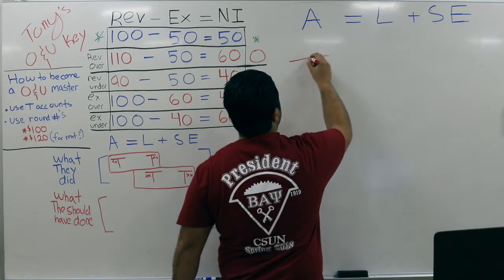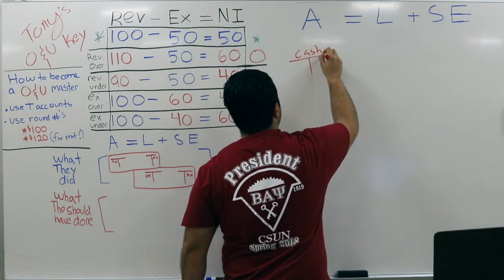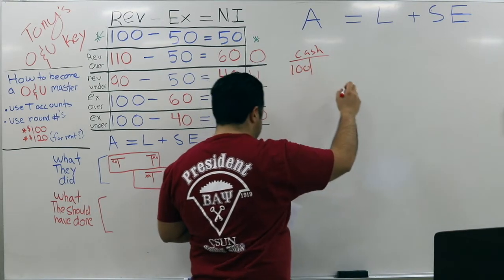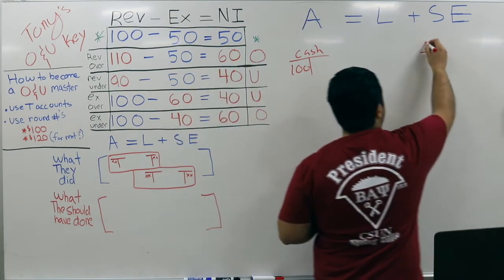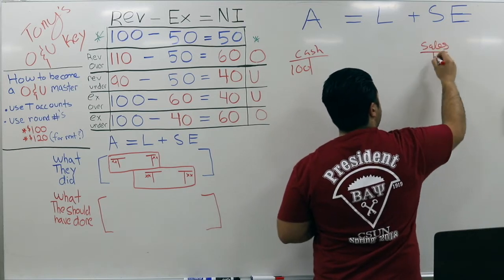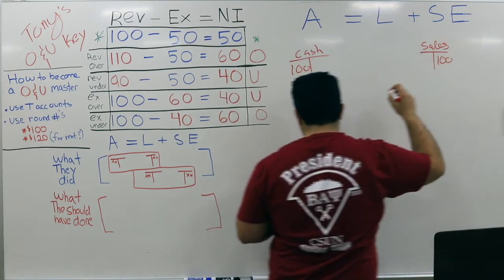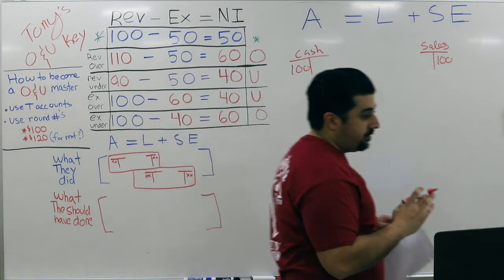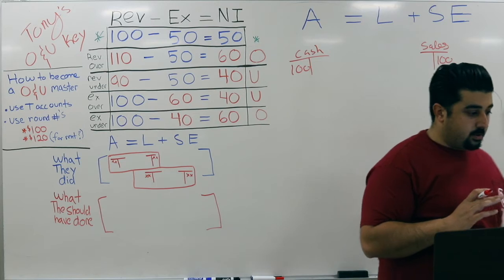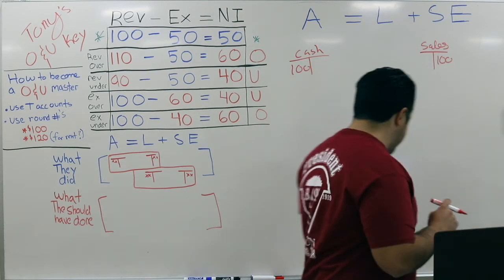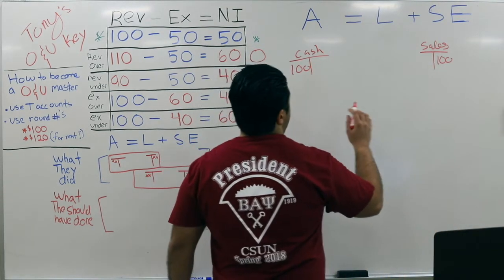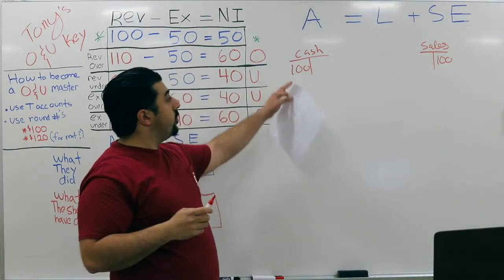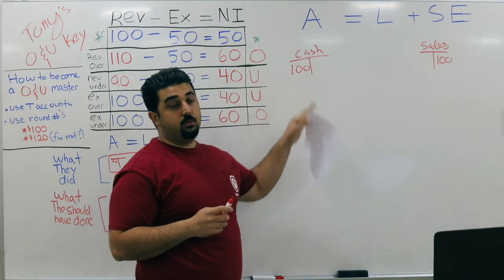So we go cash of 100. Sales 100. Which is incorrect. So instead, they should have recorded this as accounts receivable.